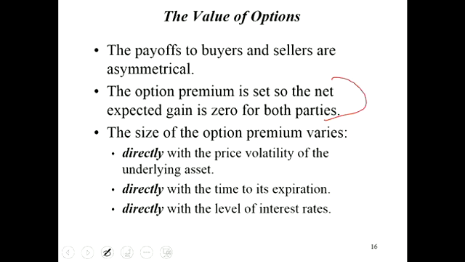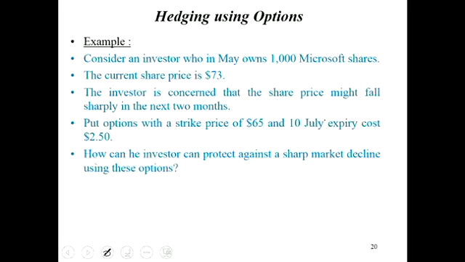Right, so let's move on. Now we're going to think about how you can actually use these things both for hedging and for speculating. So here's an example we're going to look at. An investor is in May, so that's next month.